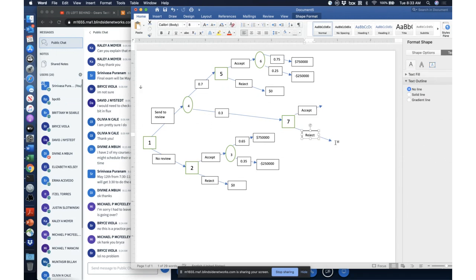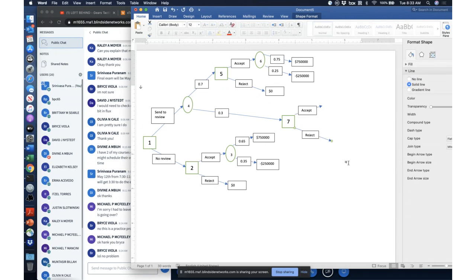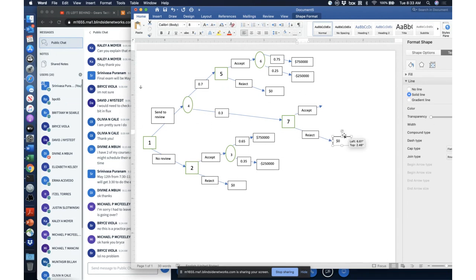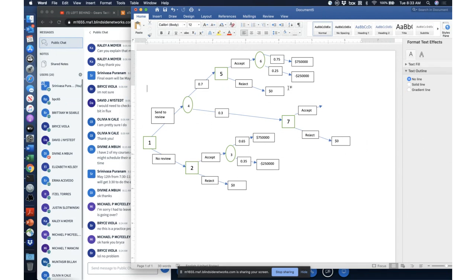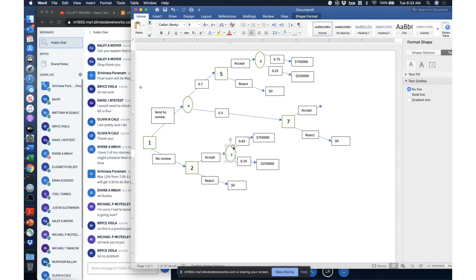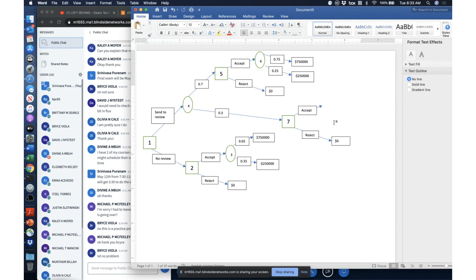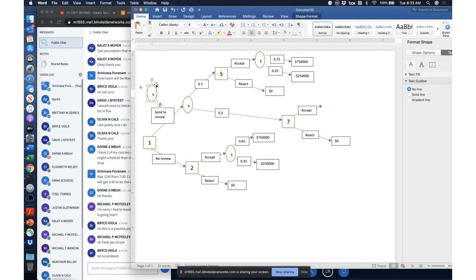If you reject, again, you don't make any money from the textbook. But if you accept, again, you face a state of nature, where the market decides whether the textbook does well or not. But now the probabilities will be different.